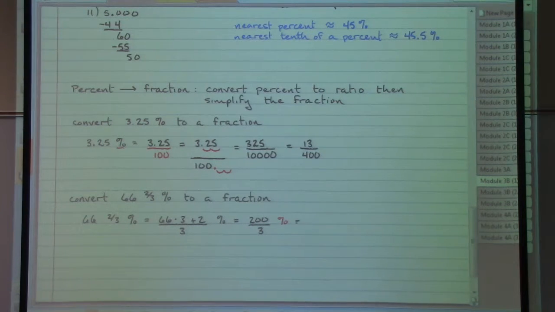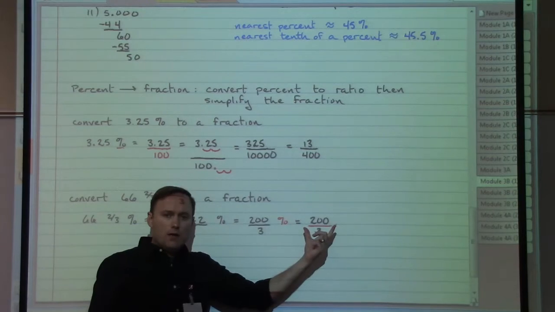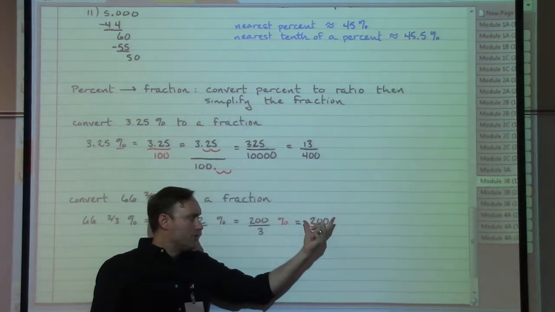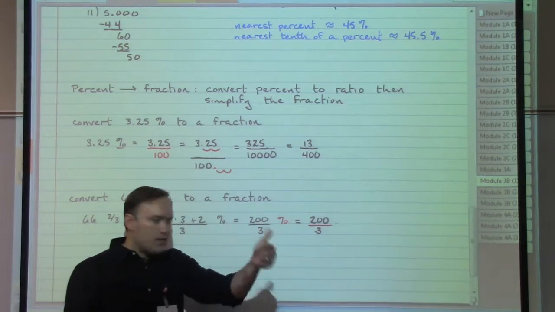Well, that percent symbol is the next part of what we're going to handle. The percent symbol means that we need to have over 100. Well, when we read off what we already have, the word over being represented by having 200 over 3. So that takes care of part of what I need. I need the over.